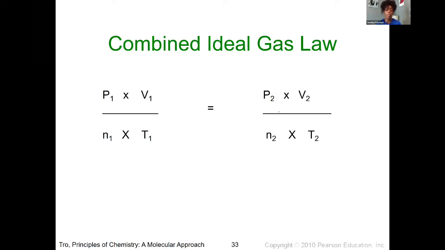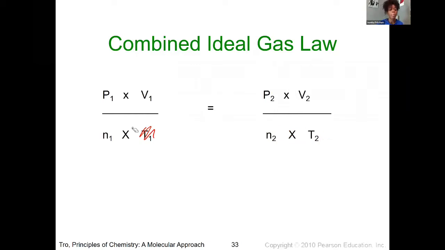If a variable is held constant, that means it's the same value on both sides, which means mathematically it would cancel out. So for instance, if we're looking at Boyle's law, that means that temperature and moles are held constant, and so they would fall out of the equation. That's where we get our Boyle's law.